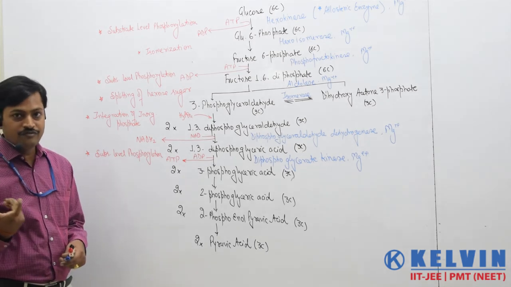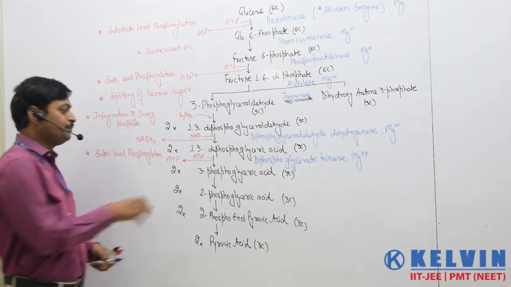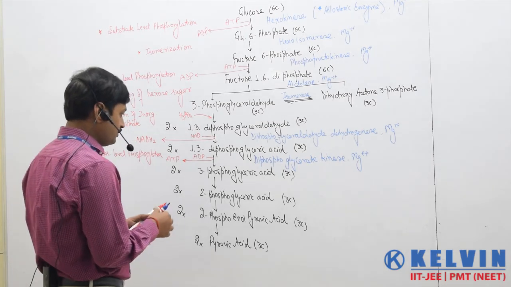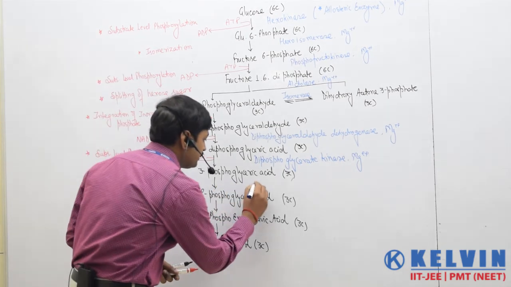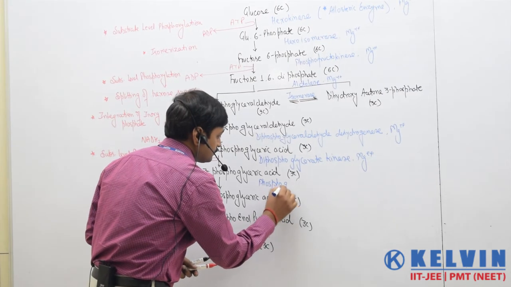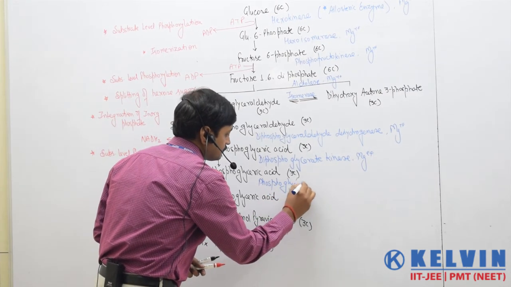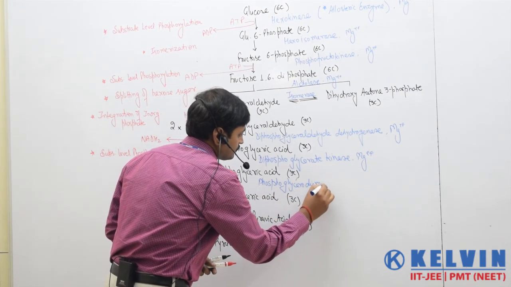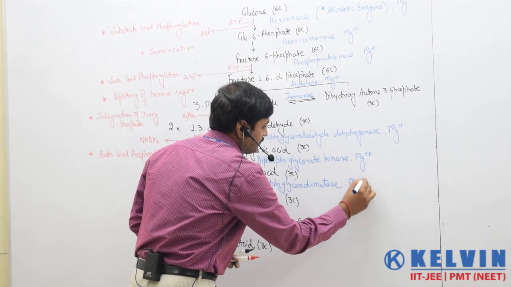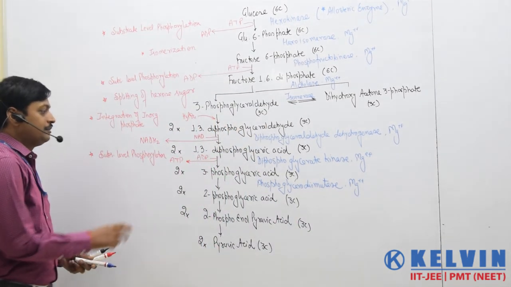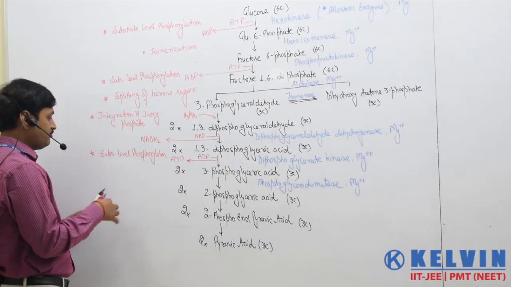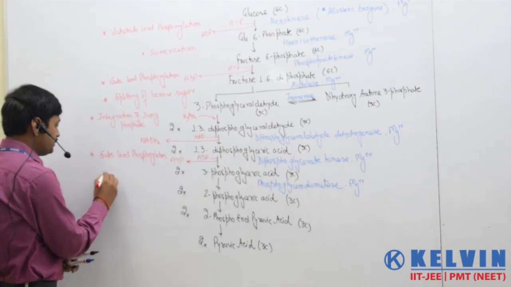If the position of the phosphate group is changed in the same molecule, then the enzyme will be phosphoglyceromutase, with Mg2+ as an activator, same. These are basically positional isomers, so the reaction is simply isomerization.